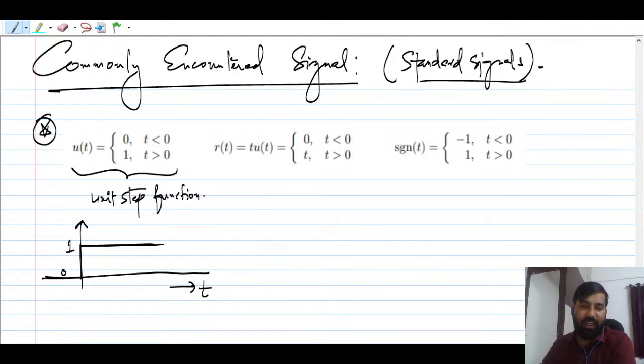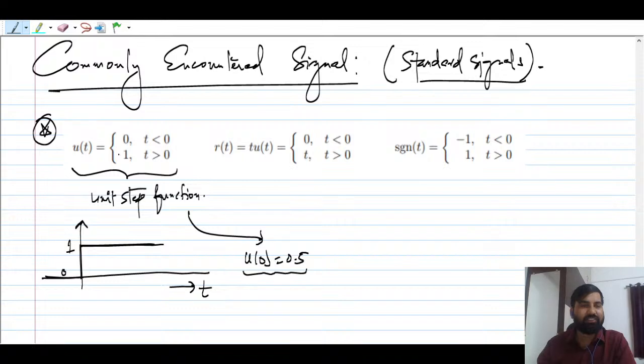Okay, but one guy was there, his name was Heaviside, right? What Heaviside said is that u of 0 equals 0.5. See, this function is not defined at t equal to 0, but Heaviside came into the picture and said that u of 0 is going to be 0.5, right?